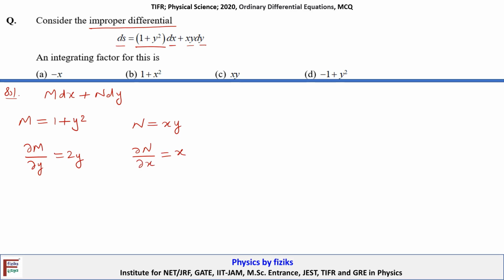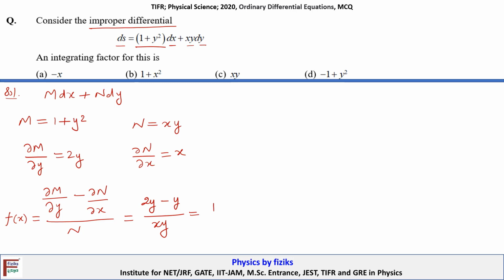And taking the partial derivative of N with respect to x, we can write it as equal to y. Now we can take curly M by curly y minus curly N by curly x divided by N, which is a function of x, say f(x), which can be obtained by substituting the value of curly M by curly y, that is 2y, minus curly N by curly x, that is y, divided by x into y, and on solving this we obtain f(x) is equal to 1 by x.